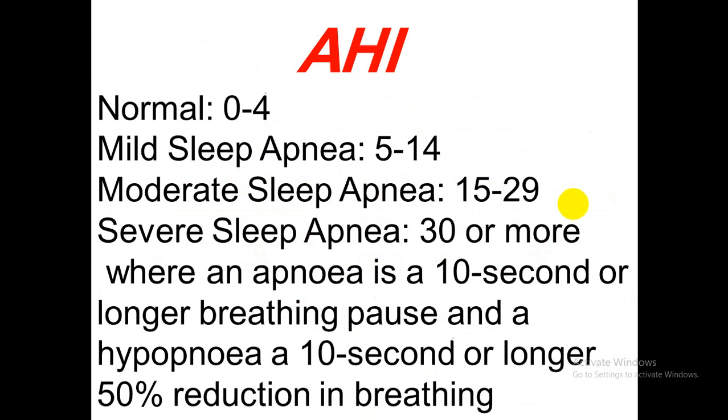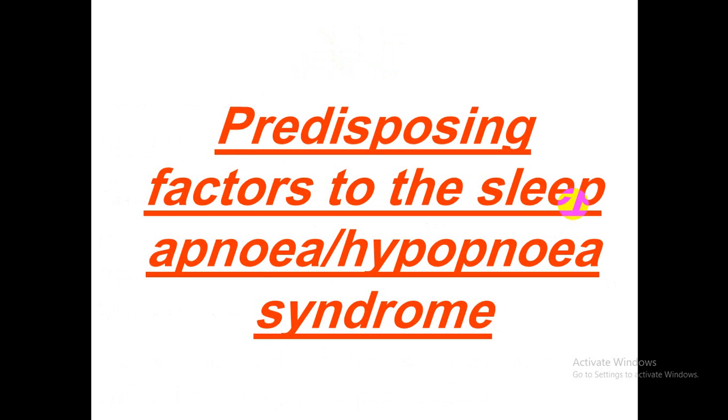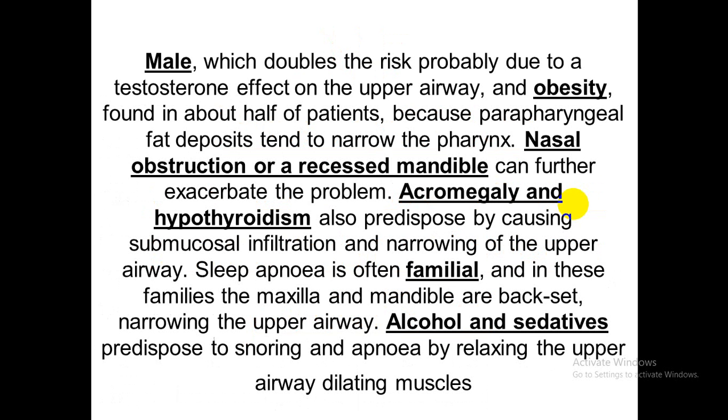So we classify this apnea syndrome as normal, mild, moderate, or severe according to the number of apnea episodes per night. And what are the factors predisposing to sleep apnea? The most common factor is obesity.